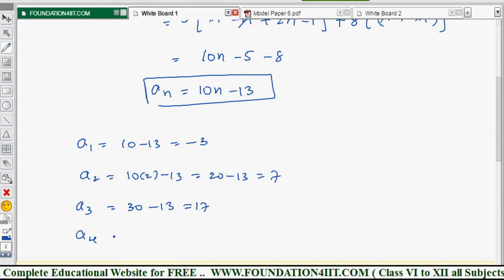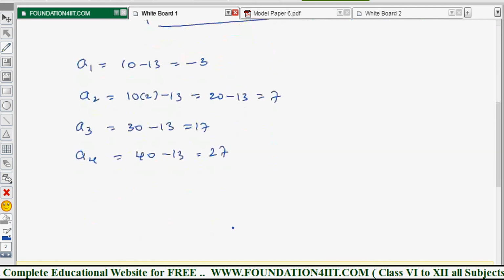Okay, a4: 40 minus 13, because 10 into 4 is 40, that is 27. So this is the sequence. Therefore, based on this, we write the arithmetic progression as follows: minus 3, 7, 17, 27, and so on.